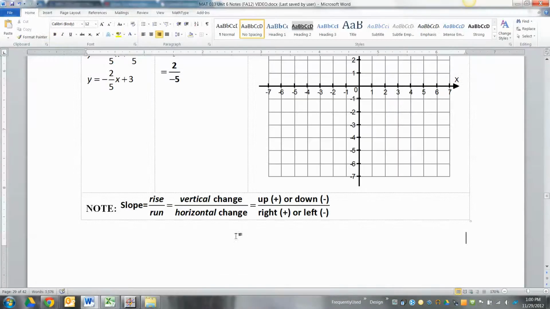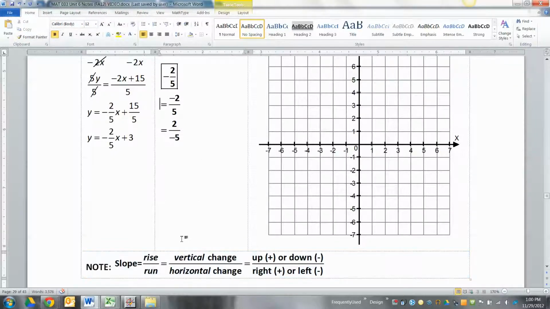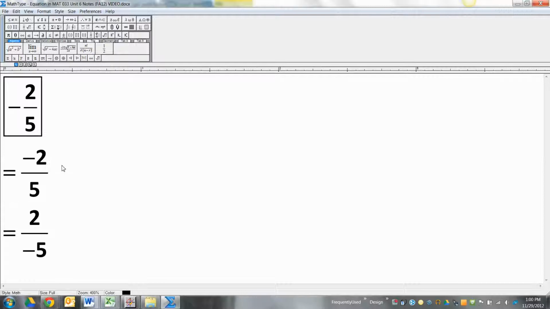So keep that in mind when we have to start using this to be able to graph. It matters where that plus or minus sign is to some extent, because it's going to affect how we're going to do things. So in other words, this one we're going to say that's a negative 2. Remember, this is up or down, but since it's negative, it's going to be down 2.